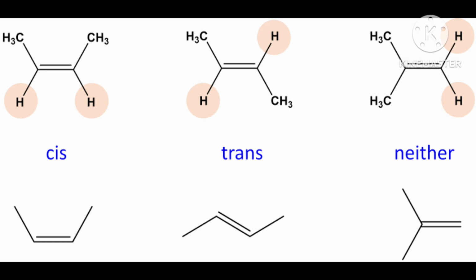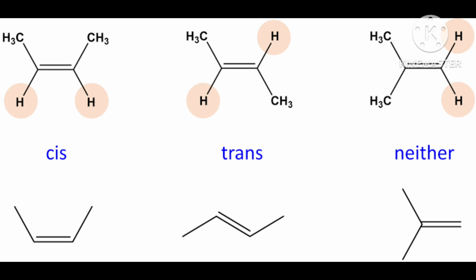For example, the first carbon has XY and the second carbon has ZW, with nothing common. This is also a type of cis-trans isomers.